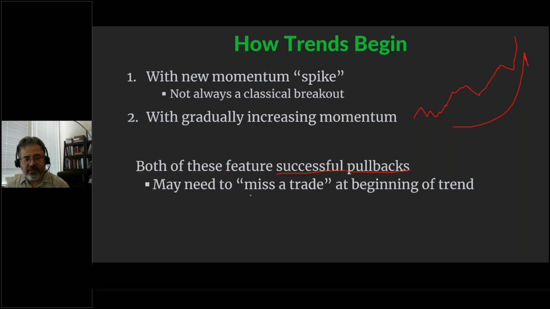Now, this also means that we need to be comfortable missing a trade. This is kind of anti-FOMO. We've talked about FOMO several times. If you see a market, let's go back here, and you have this big boom, and then a pullback, and then the market goes higher. Let's say the market had been sideways for a while, and you think, oh, I am such a bad trader, I'm such a failure, I missed this trade, and then you go and sulk and you don't look at the market for several weeks.